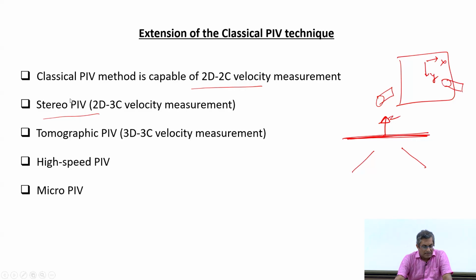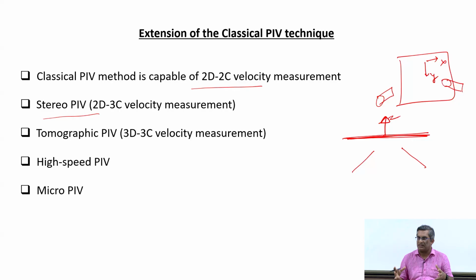Now, this also has been extended to tomographic PIV. In case of tomographic PIV, you will get three-dimensional, three-component velocity data, but this requires use of more than two cameras.